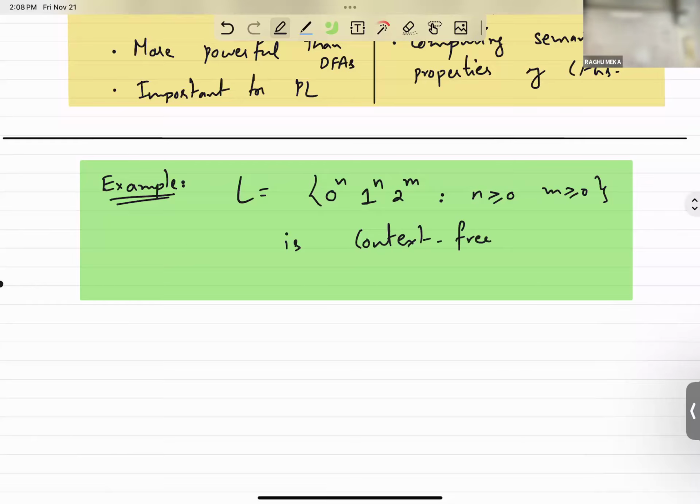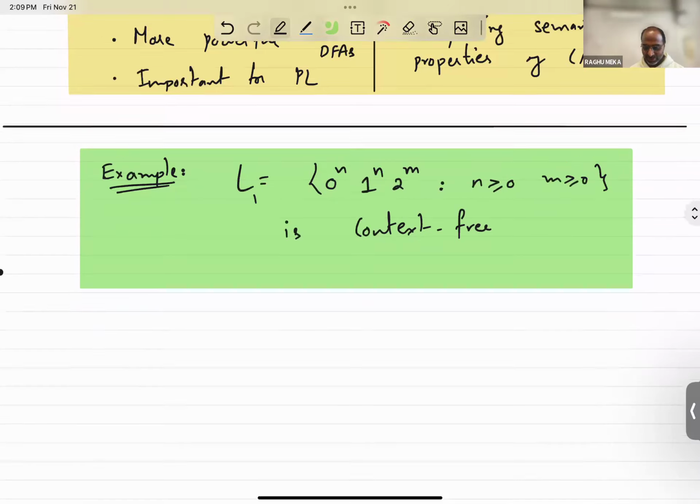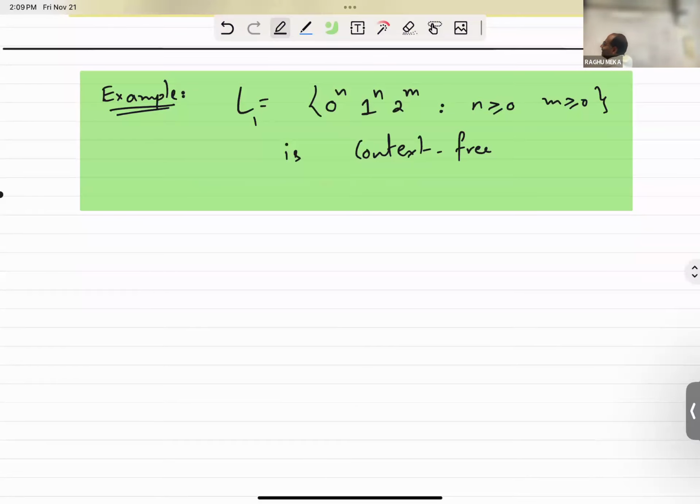My claim is that now my terminals or alphabet has three things, 0, 1, 2. And my claim is that this is context-free. Let me call it L1. Can you give me a grammar which generates exactly this particular language or these kinds of strings? Any suggestions?